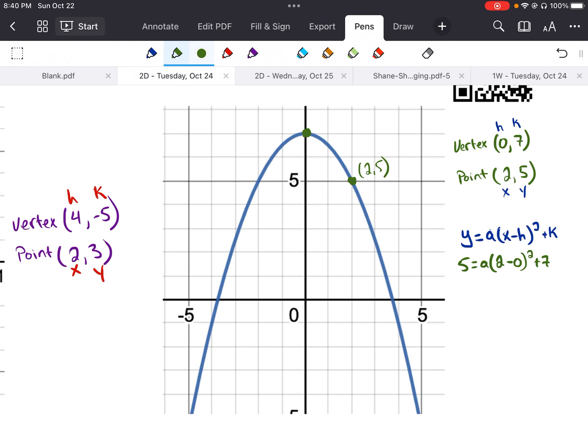Okay, 2 squared is 4, so it's going to give us 5 equals 4 times a is 4a plus 7. We want to subtract the 7 from both sides. So we get negative 2 equals 4a. Divide by the coefficient. And a is negative 1 over 2.